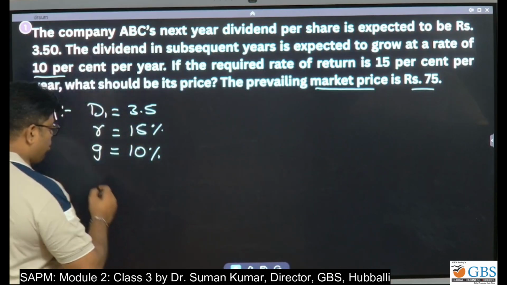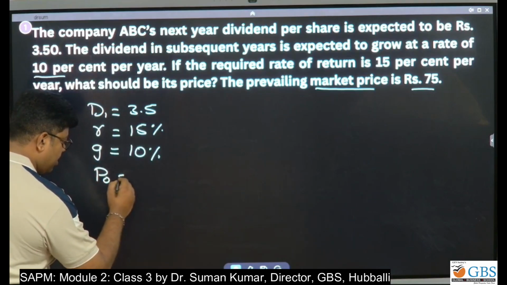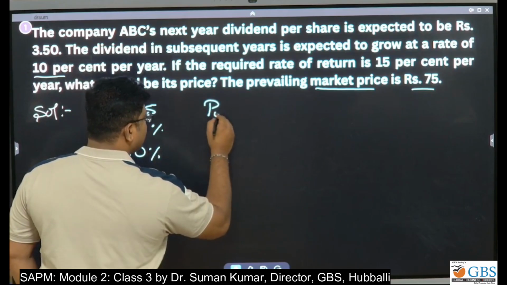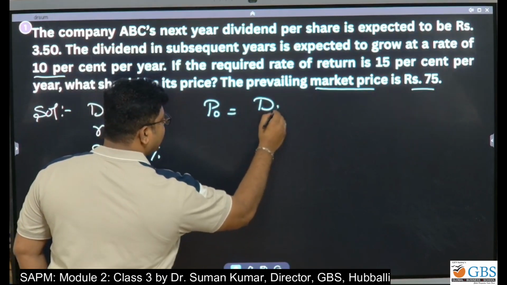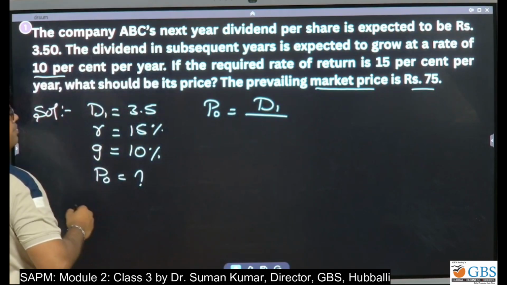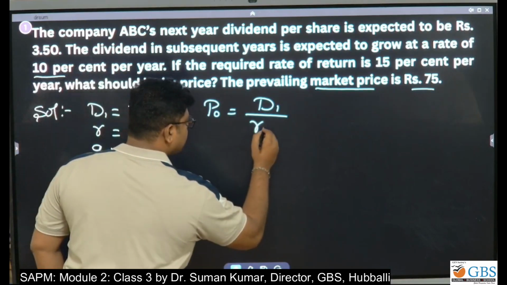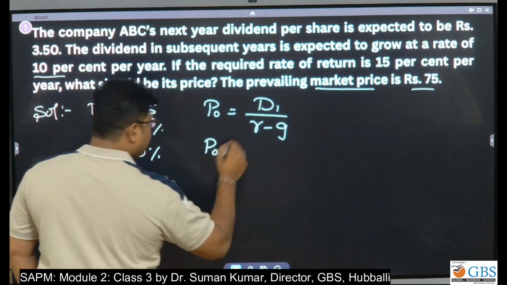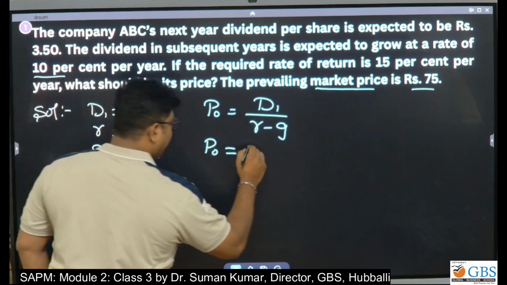So we need to find out what? P0. We already know the formula. P0 is equal to D1 divided by R minus G. What is D1? D1 is 3.5.